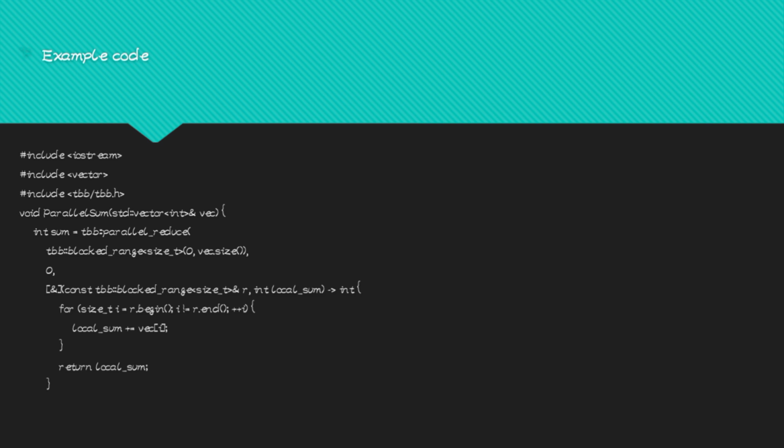The function I talked about, we see it on the fourth line of the code, void parallel_sum. On the fifth line, we see int sum equals tbb::parallel_reduce, in brackets, tbb::blocked_range, size of 0 to vector size.